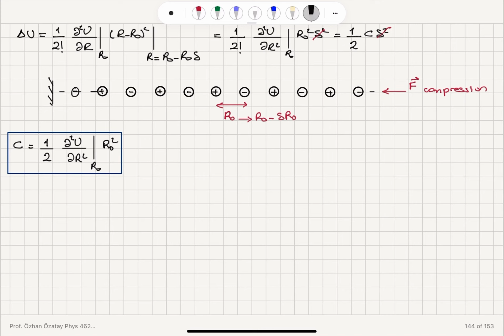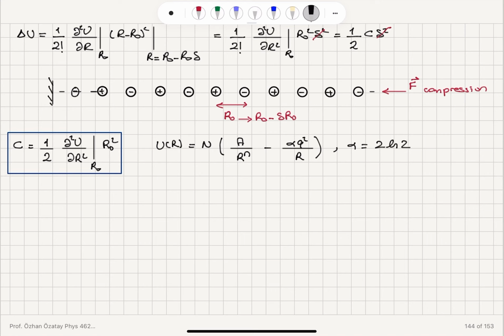Now we have the potential u of r, which is capital N times the repulsive term a divided by r to the power n minus alpha q square divided by r, where alpha is equal to 2 log 2.